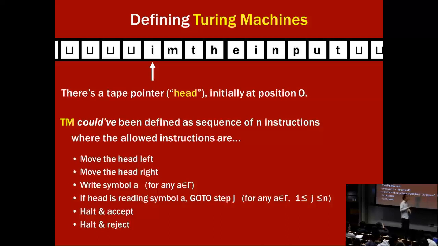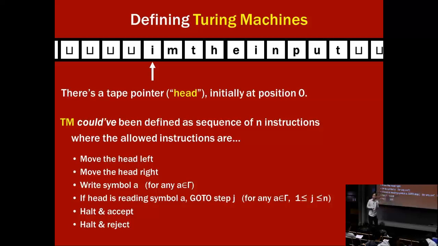There's an instruction to move the tape head left, and one to move it to the right. There's one to write a symbol A, for any tape symbol in the tape alphabet, so really that's one instruction per tape alphabet symbol.